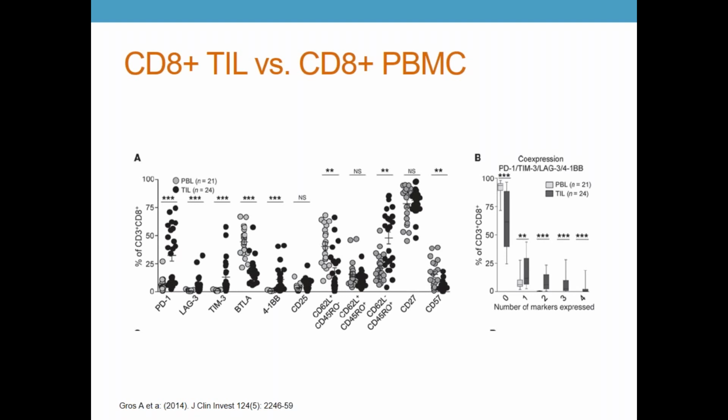The reason this is important is that knowing there are other checkpoint inhibitors, there are other things that can be done if blocking PD-1 isn't effective. PD-1 blockade may not be effective because you have a high TIM3 or a high LAG3. 4-1BB, just to throw out at you, is a stimulatory checkpoint. So if that's high, it's great. Next.